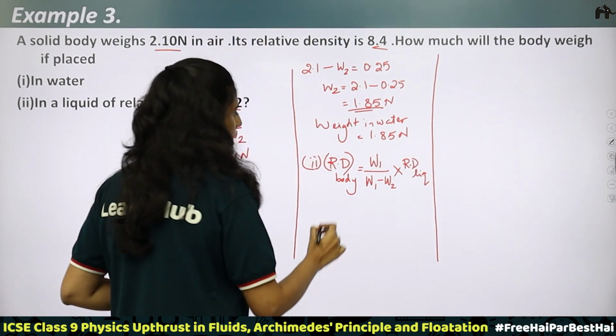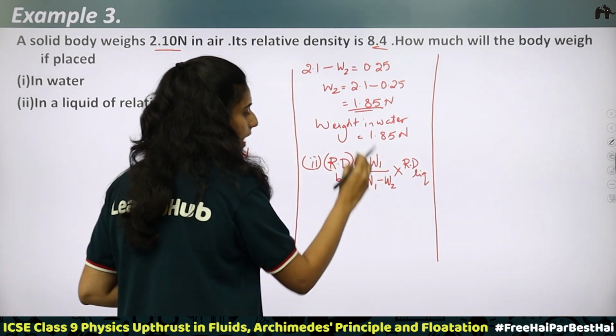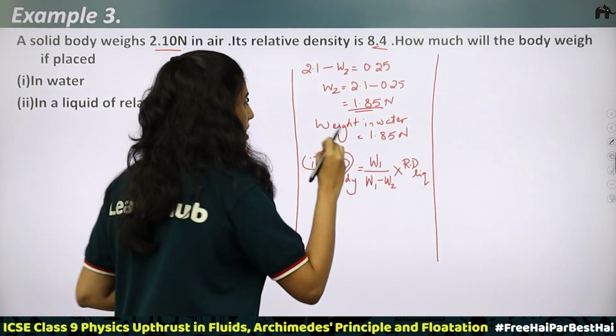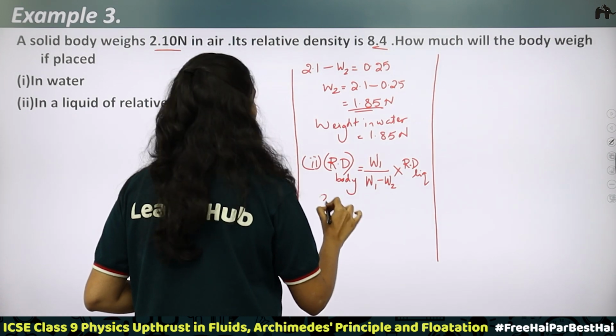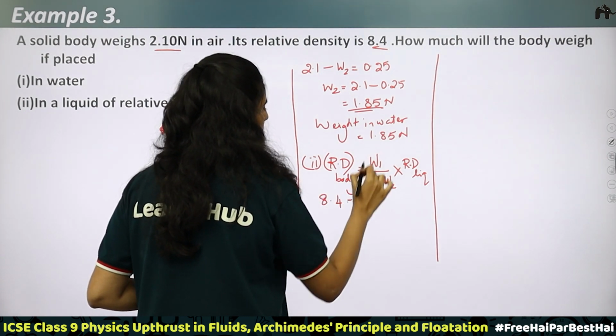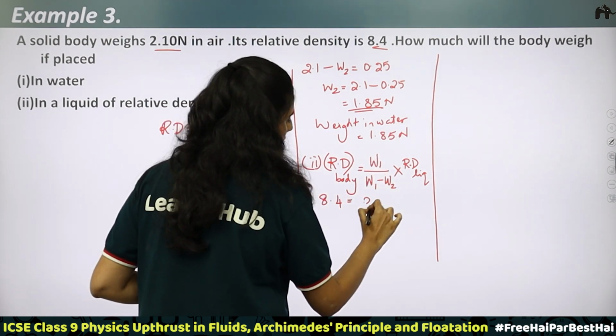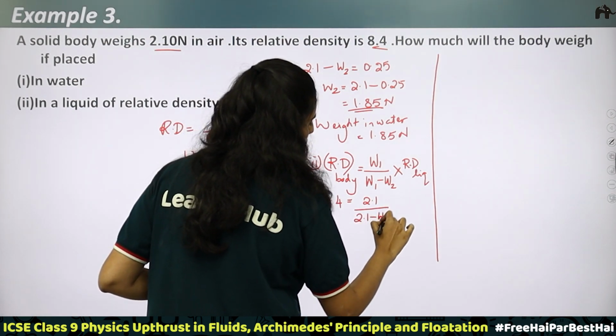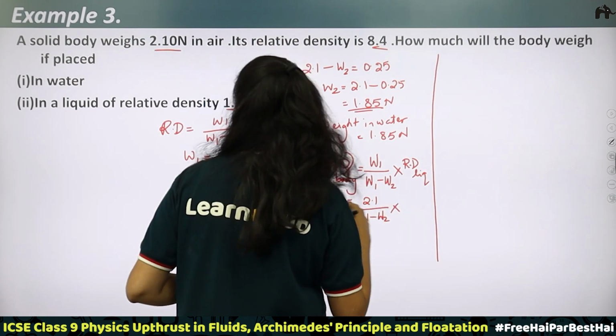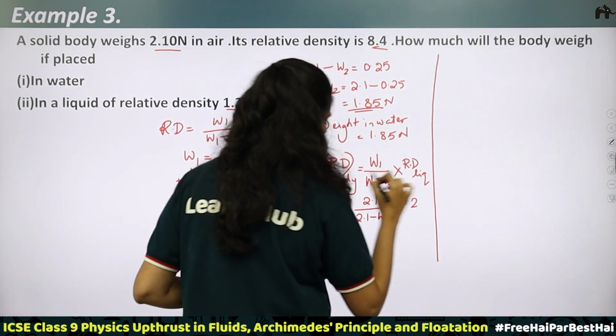Here W1 is the weight in air and W2 is the weight in the liquid. The relative density of the body we know is 8.4, so that is weight in air 2.1 divided by 2.1 minus W2 into the relative density of the liquid, 1.2.